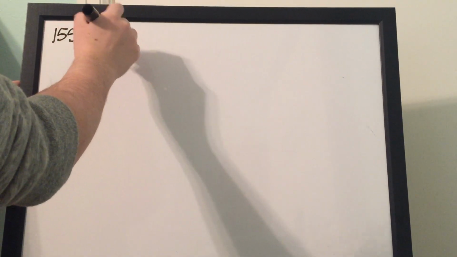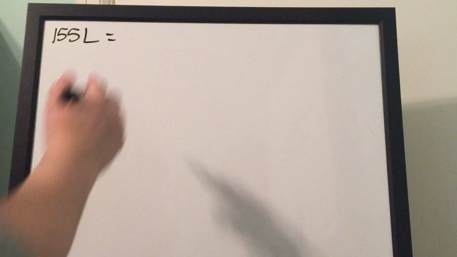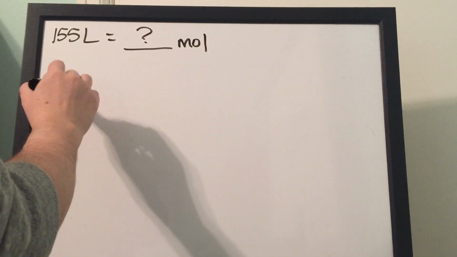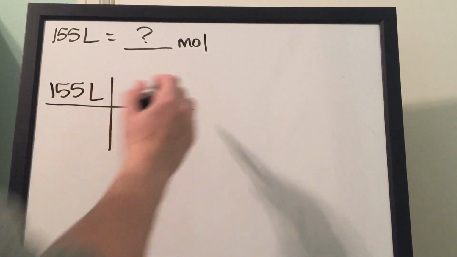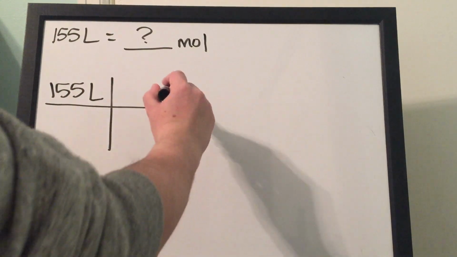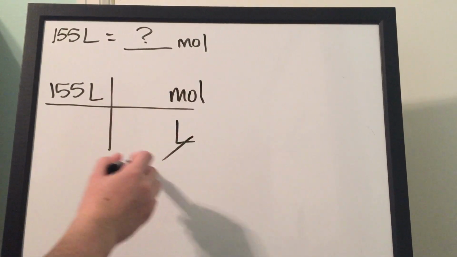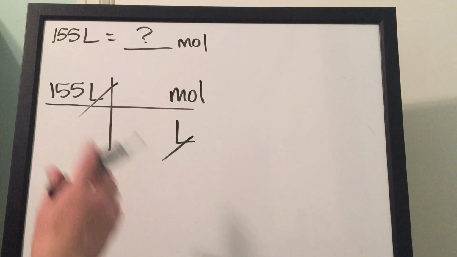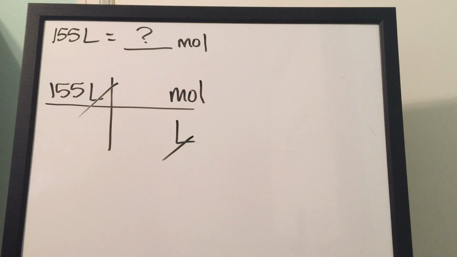Second problem says, at STP, 155 liters of CO2 contains how many moles? So again, 155 liters. Draw my conversion factor. I want liters to cancel. I want moles to be my answer. And again, we mentioned this before in another video, that in these conversion factors, the number with mole is always going to be 1.